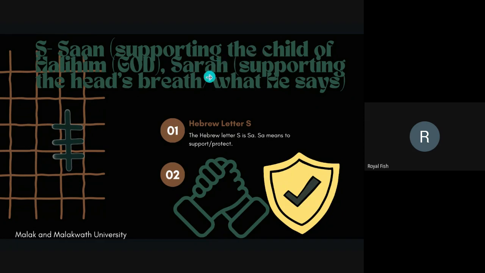Sarah obviously is Abraham's wife, but she also gets her name. So Sarah goes from Sarai to Sarah, but probably is just added to her name because the Most High doesn't take things away from his righteousness. So we have Sarah, which is somebody that will support the head's way of breathing or what he says.